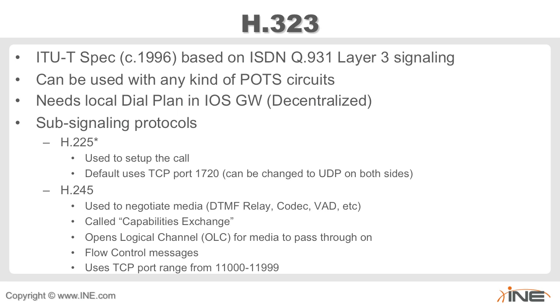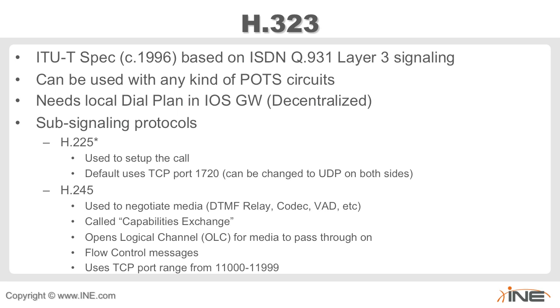Okay, so H.245 comes after the H.225 setup, and this is used to negotiate the media, the DTMF relay, what codec we're going to agree on, whether VAD is going to be enabled or not, things like this. This is called the Capabilities Exchange.